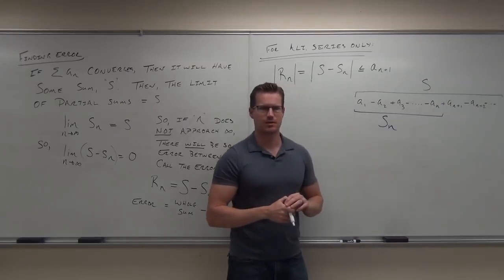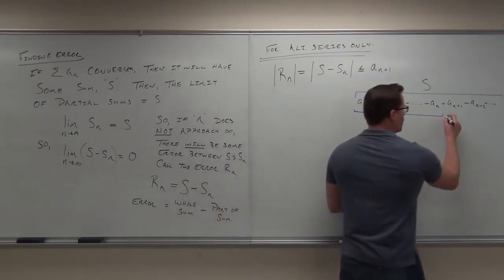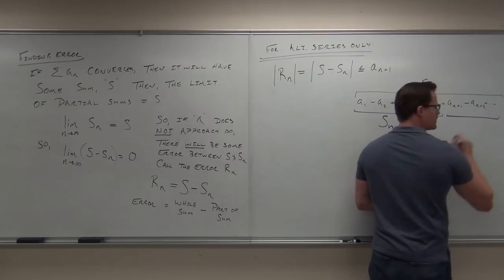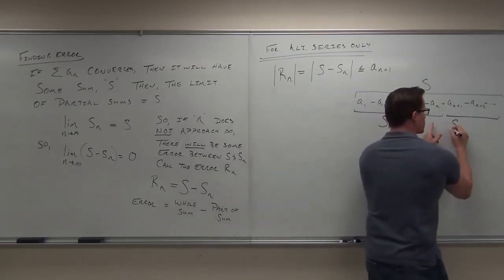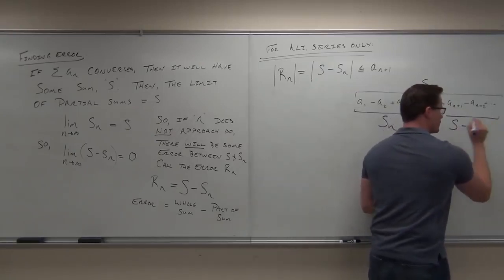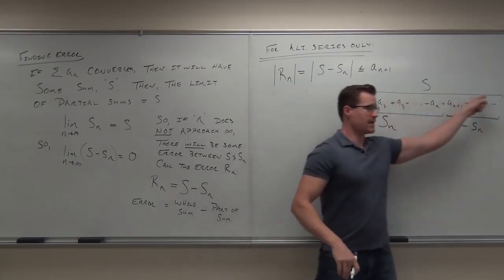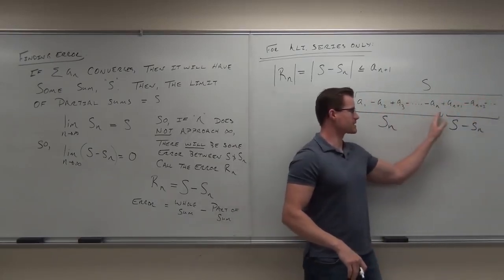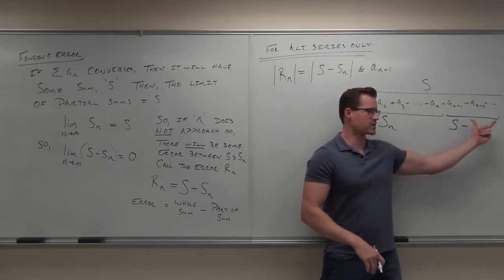Now, here's the cool part. The rest of this, by definition, would have to be S after I take away S sub n. Hey, look at it. If the whole thing is S, and this first part is S sub n, then the rest of it is S minus S sub n. That's what the rest of it is.